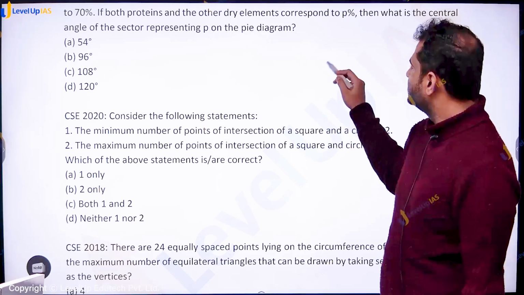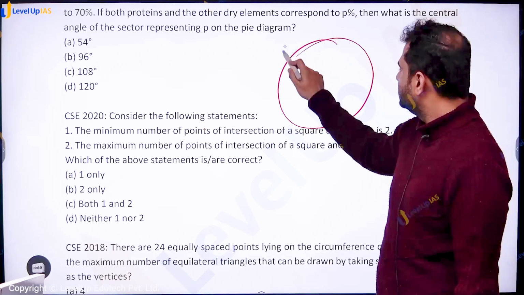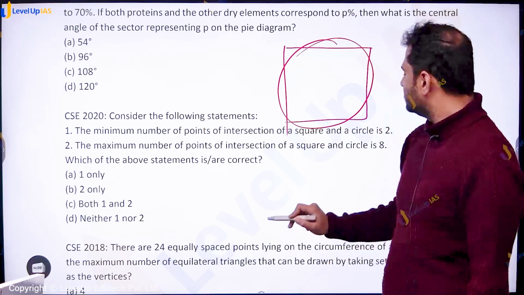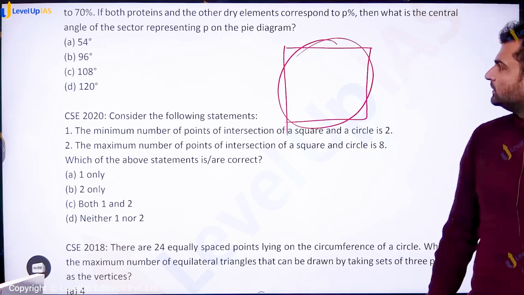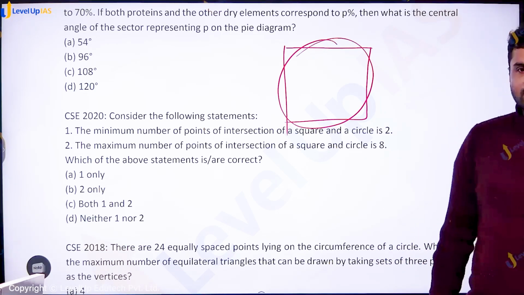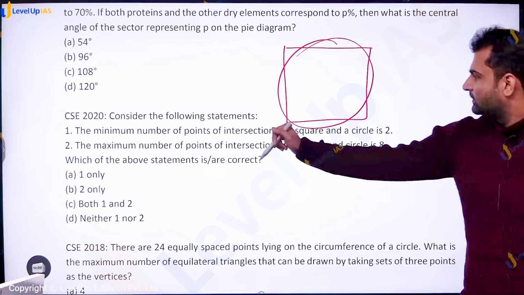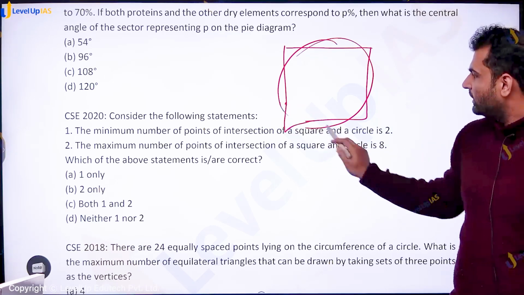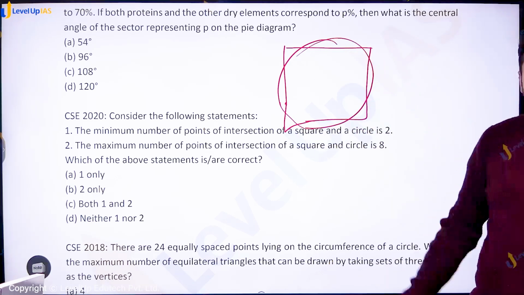So let us draw a circle. ठीक है. कहाँ 7 है यार? 7 तो आ ही नहीं सकते ना. This is symmetric. Odd numbers नहीं आएंगे. कहाँ 7 आ रही? 2 2 2 2, 8.